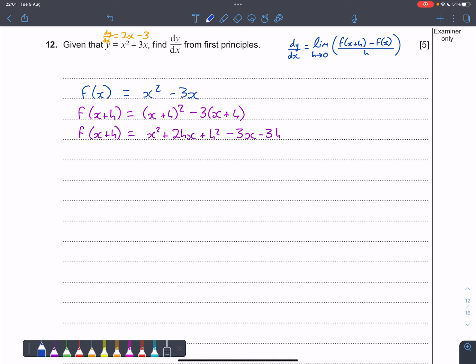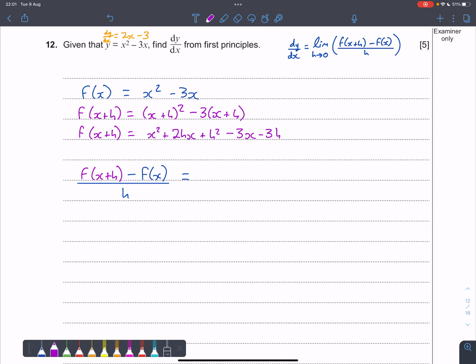Okay, now I'm ready to look at my formula. So again, I'm just concentrating on this bit in brackets because I have everything that I need. So I've got my f of x plus h. I'm going to subtract my f of x and divide it by h.